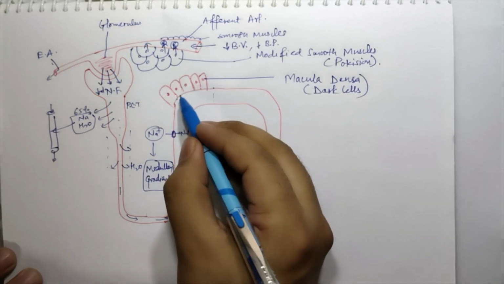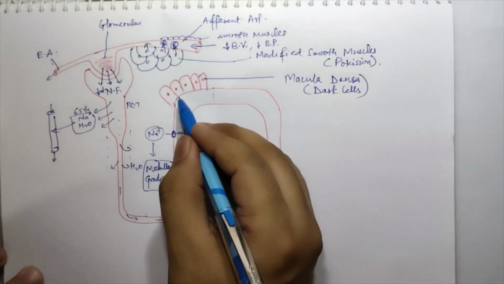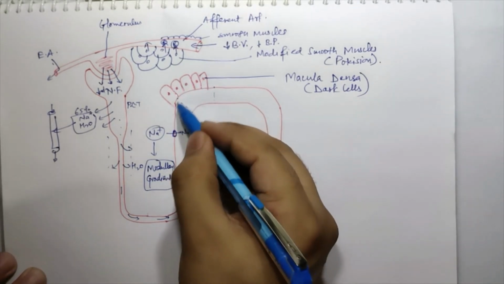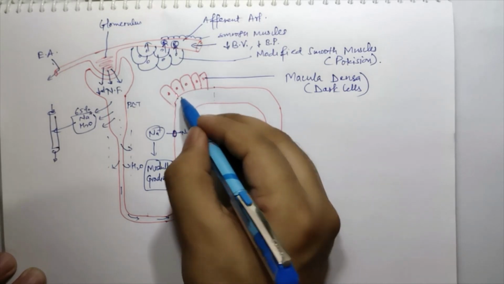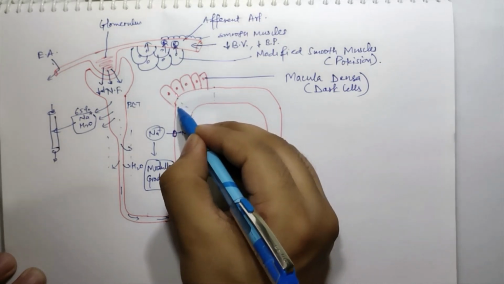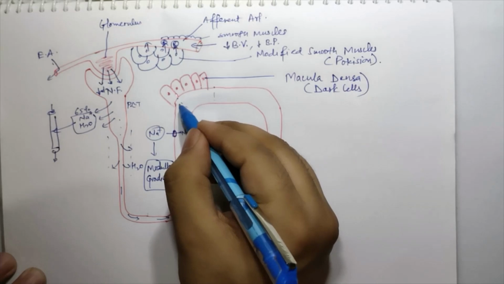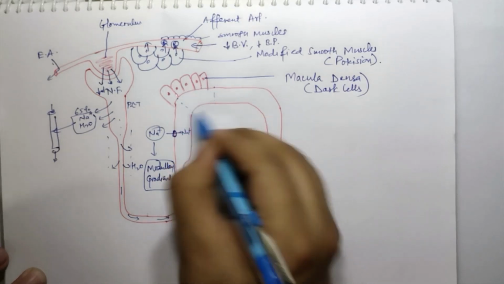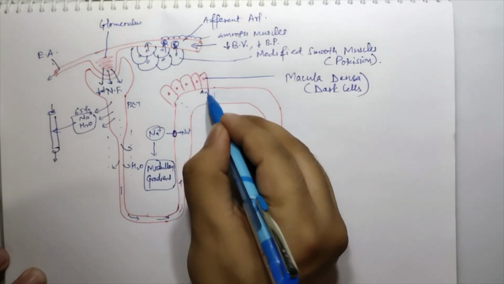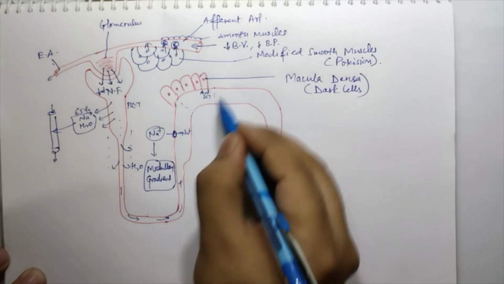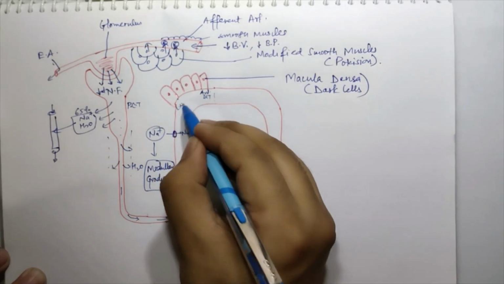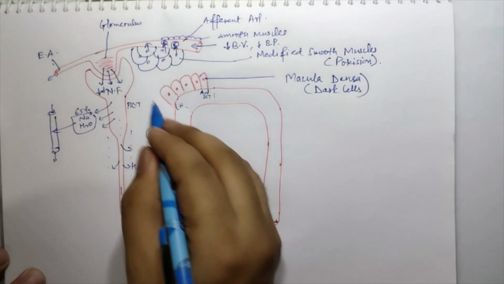These cells are modified epithelial cells of this tract of the nephron, that is especially the distal region of the thick limb of the loop of Henle and the anterior most part of the DCT. So here these cells are found.